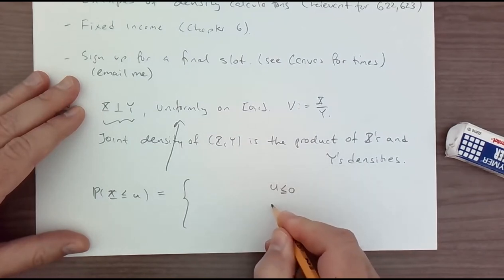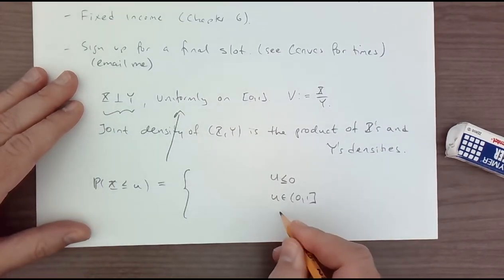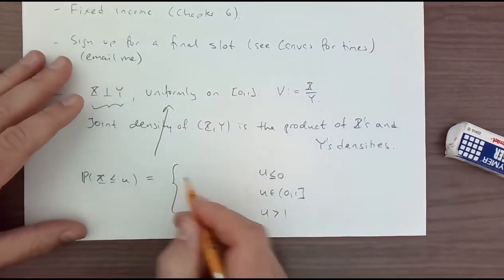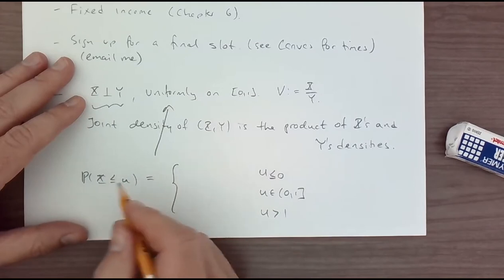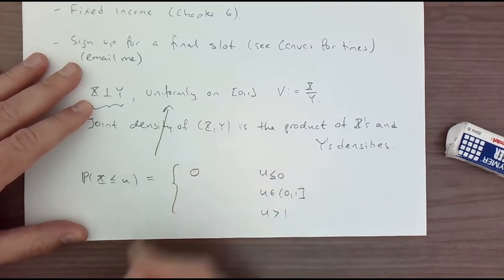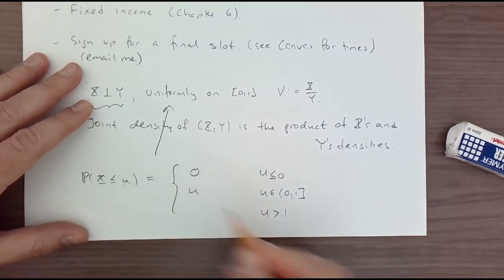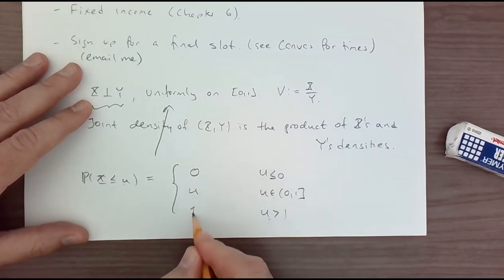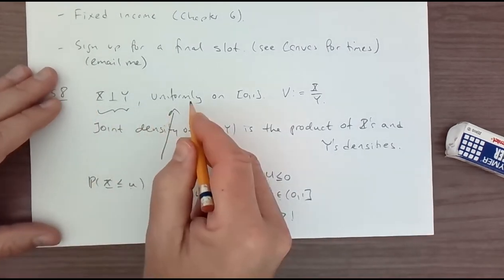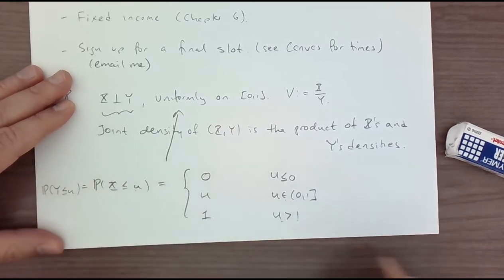They're both uniformly distributed, so this is the same as the probability that y is less than u.